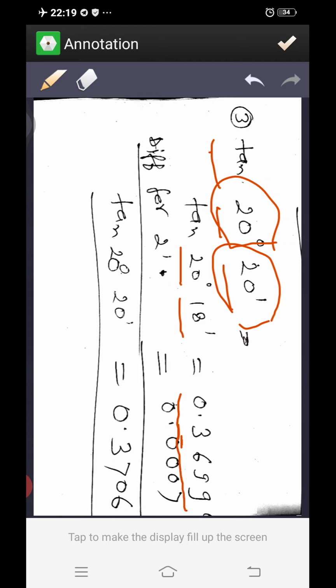Then we will see the difference for 2 minutes, that is given as 7. So we write here 0.0007. In tan also we add the difference. In sine we add the difference, in cos we subtract the difference, and in tan we again add the difference. So we get tan 20 degree 20 minutes equal to 0.3706.